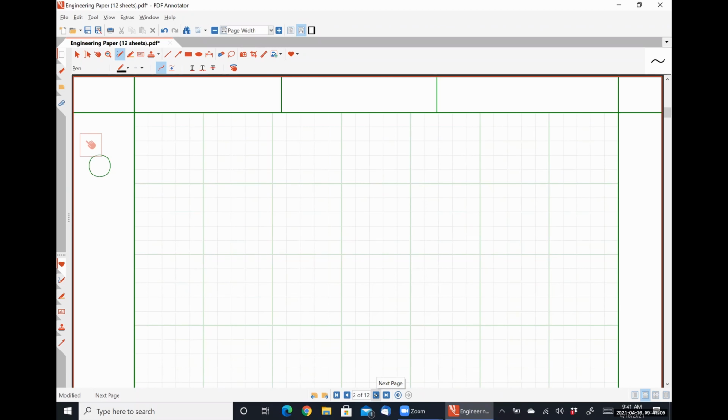So let's say that I have a simple common emitter amplifier. Here's some resistance RC. Here's transistor Q1. Here is my output node, the out.